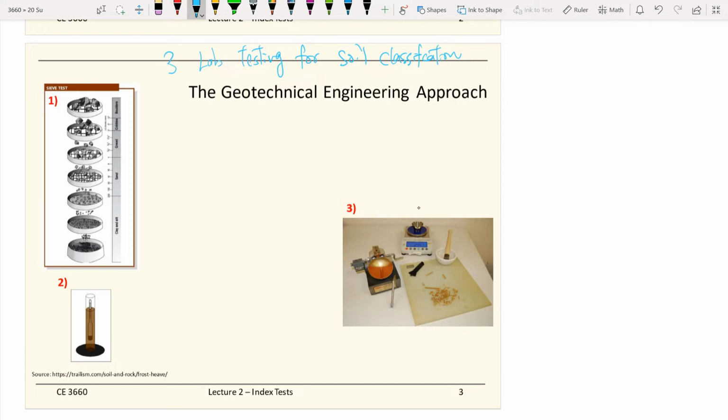The first type of lab testing is the Sieve Test, and the second type is the Hydrometer Test. Combining these two tests will give you the grain size distribution.